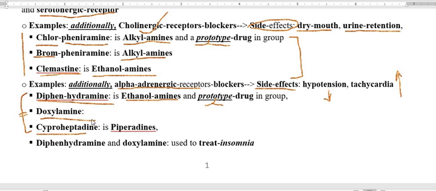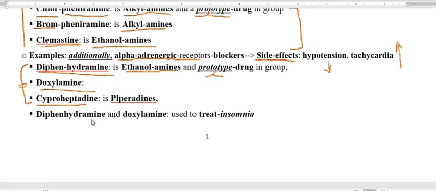Diphenhydramine and doxylamine are both used for the therapy of sleeplessness. When a patient is not sleeping well, they lack sleep. This is called sleeplessness, or in terminology, insomnia.